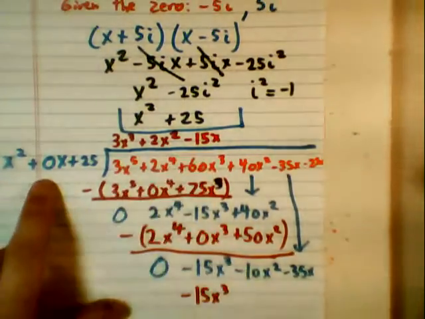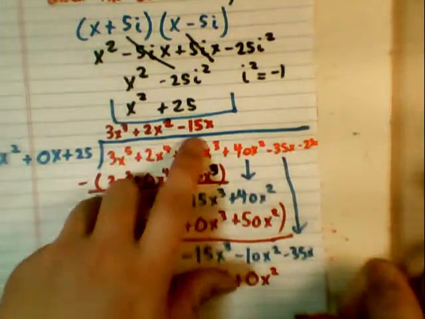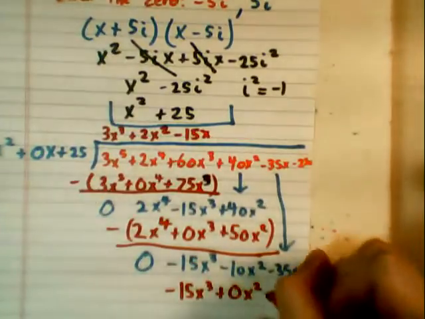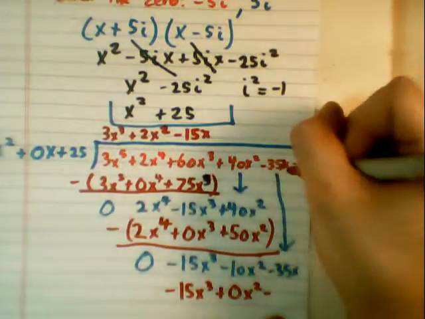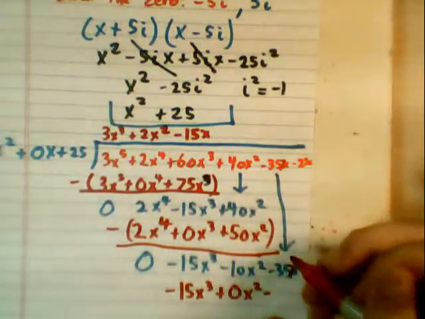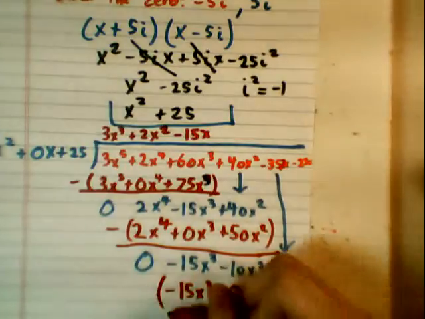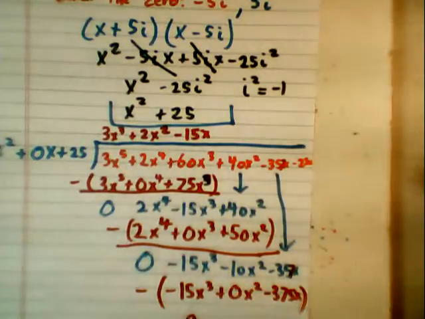Now, multiply this by the x squared plus 0x plus 25. Negative 15x times the 25 is actually negative 375x. So, when we subtract this, negative 15x to the third minus negative 15x to the third, they will cancel, so we get 0.